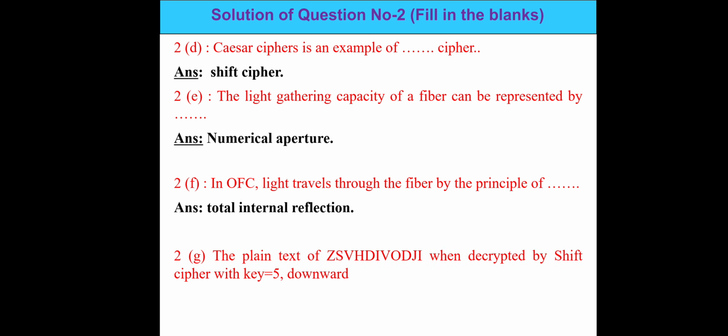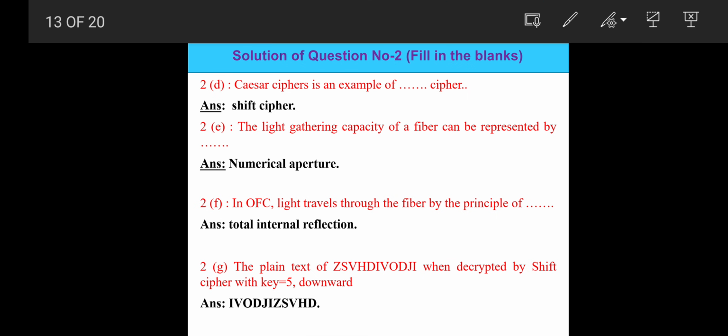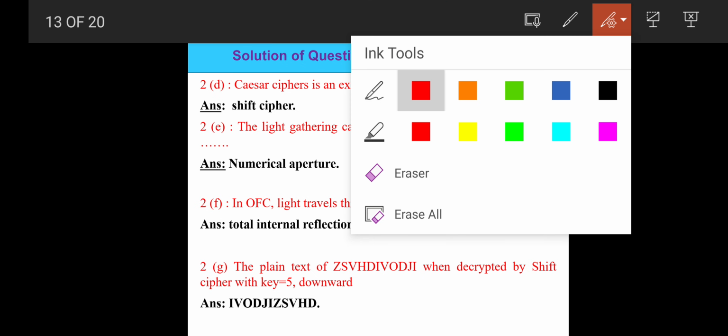The plain text of JSB, HD, IBO, DGI when decrypted by shift cipher with 5 key downwards. So the answer will be, because it will start from the next 5 letters. So here, see this one.